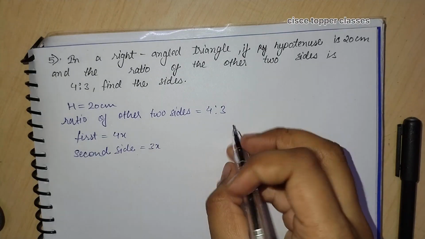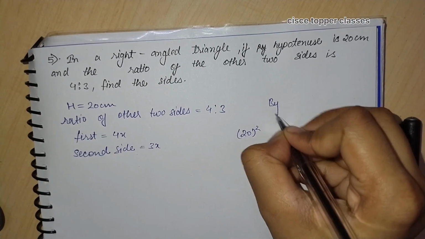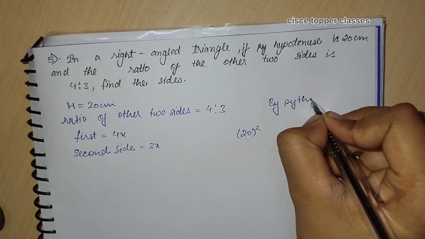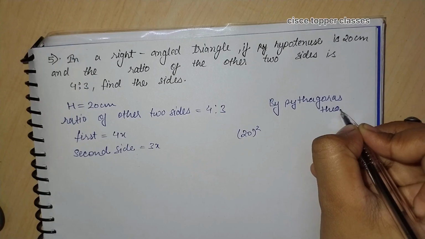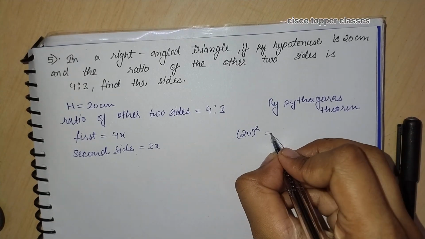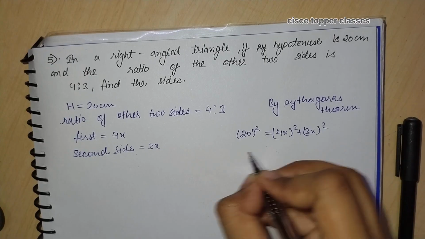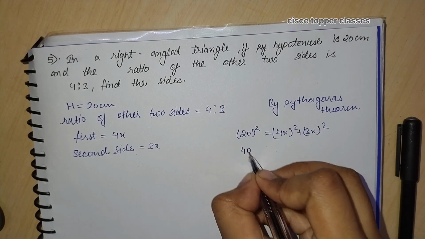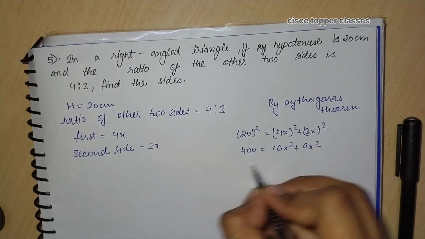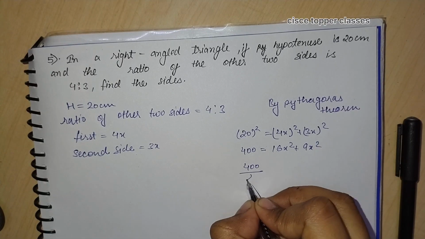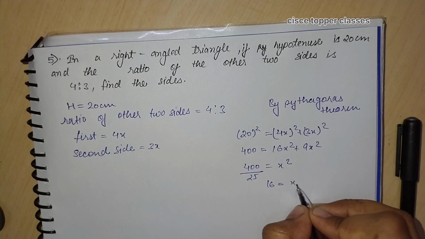So firstly we can write 20², because by Pythagoras theorem only. So here we can write 20² equal to (4x)² plus (3x)². So it will be 400 from here, and here we will get 16x² plus 9x². So 400 divided by 25 is equal to x² from here, which will be 16 equal to x².